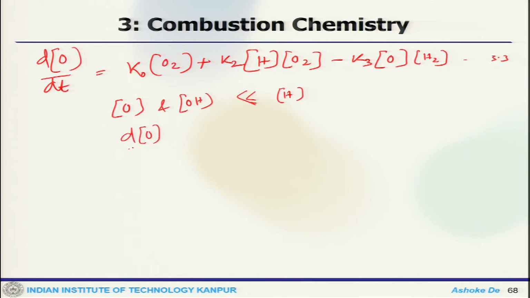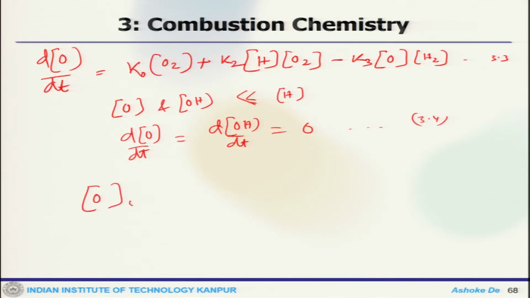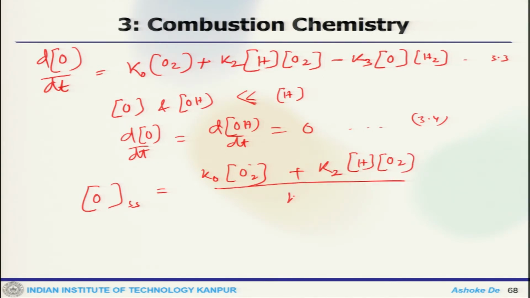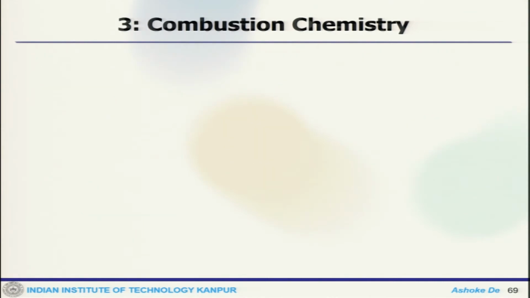So d[O]/dt and d[OH]/dt are 0, which yields that O at steady state is (k0 O2 plus k2 H O2) divided by k3 H2. That is what we get, and similarly for OH.